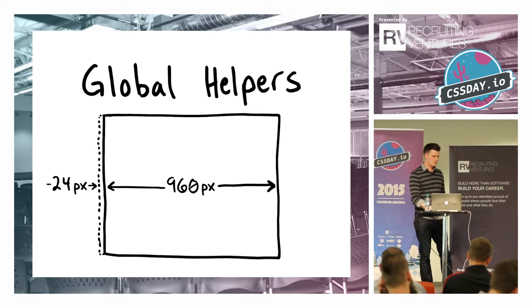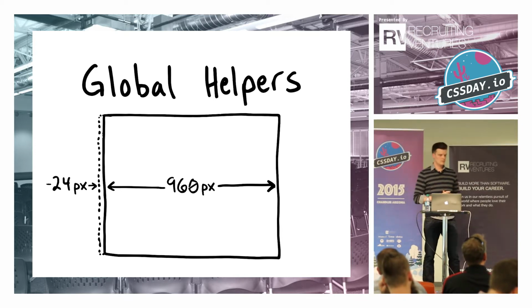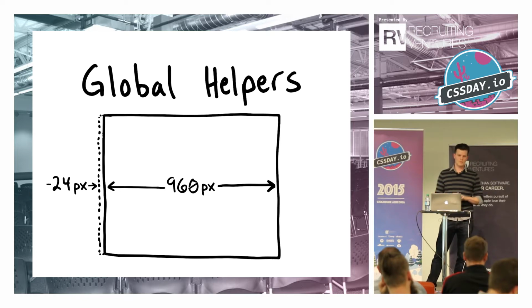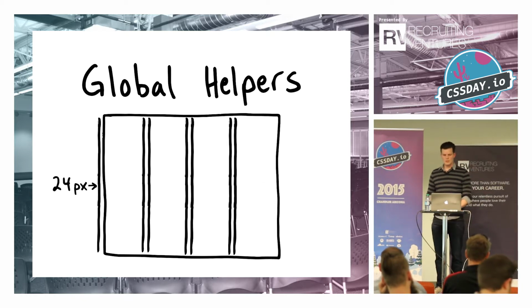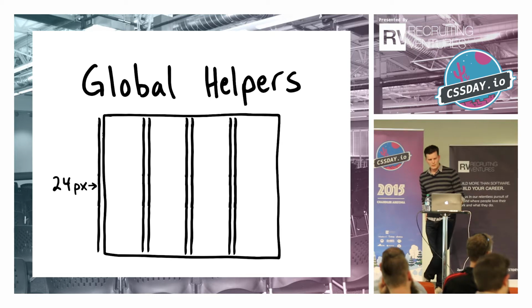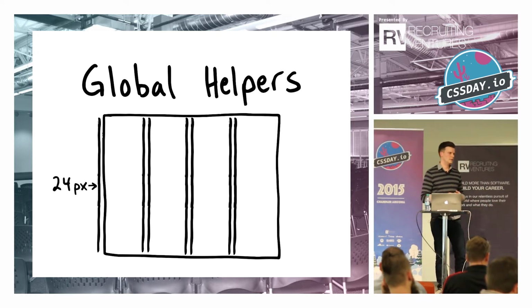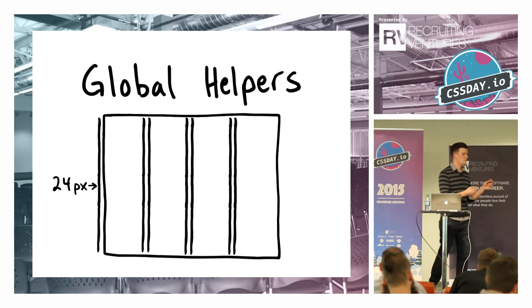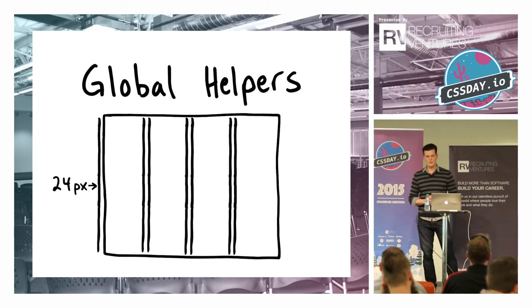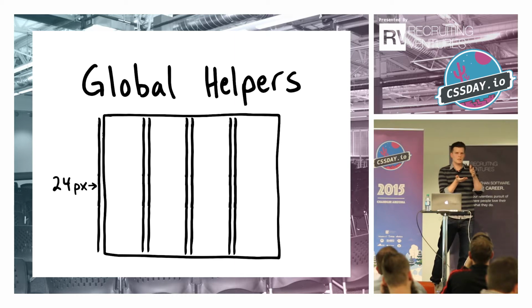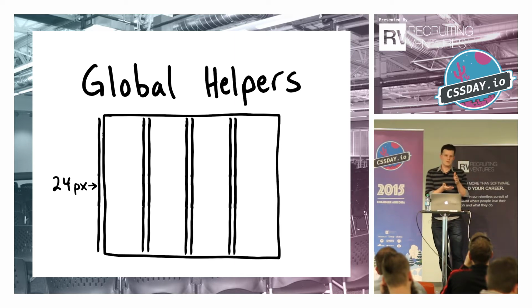So let me illustrate what this looks like for you. Using pixels, building a grid, you have 960 for the viewport, you have this -24 margin on there, all well and good, right? You put a +24 margin left on your columns. So once you get into the children of your object, our grid columns, each one gets a positive 24 pixel margin on the left, which for that first one offsets the -24 from the parent. So now that first one lines up real nice and clean with the edge of your parent, right?